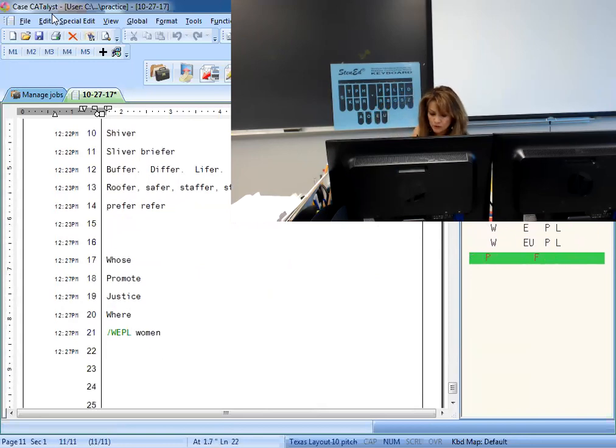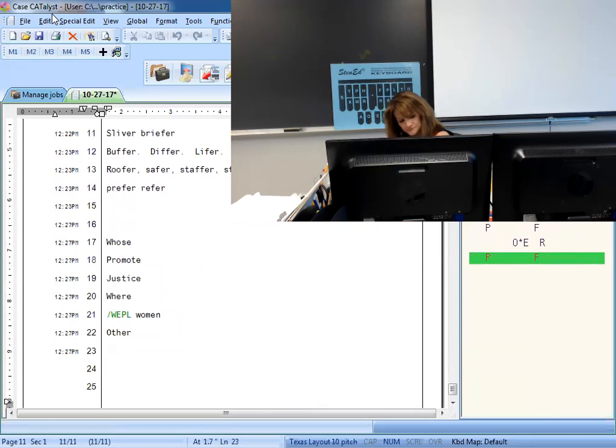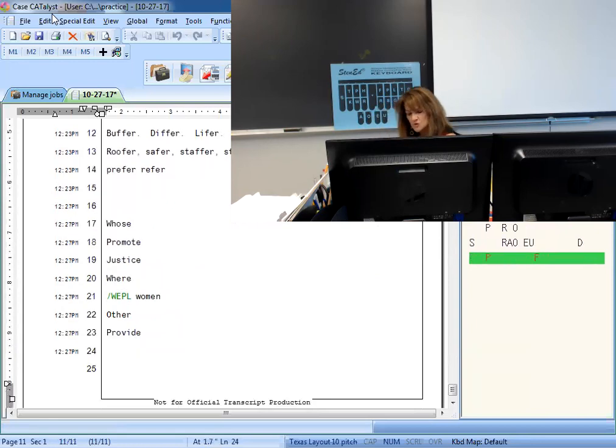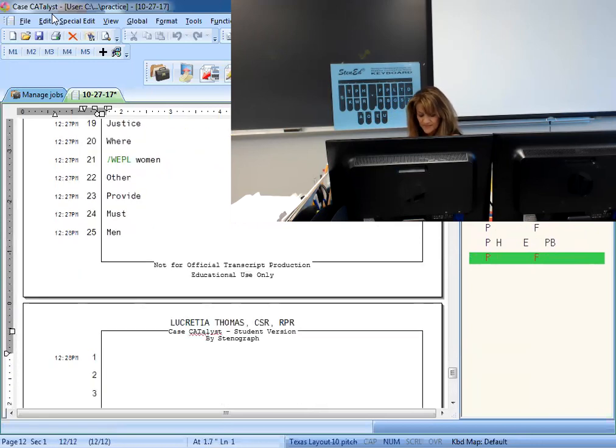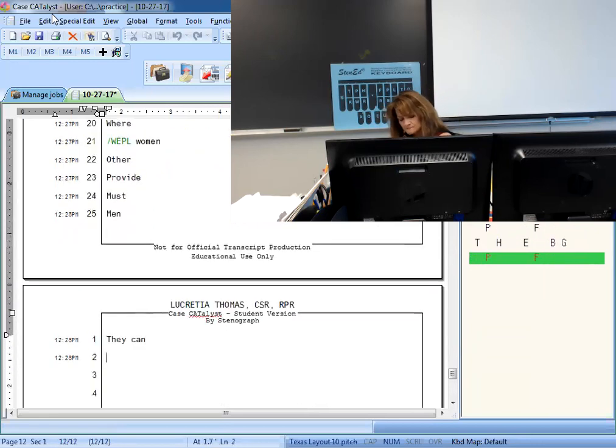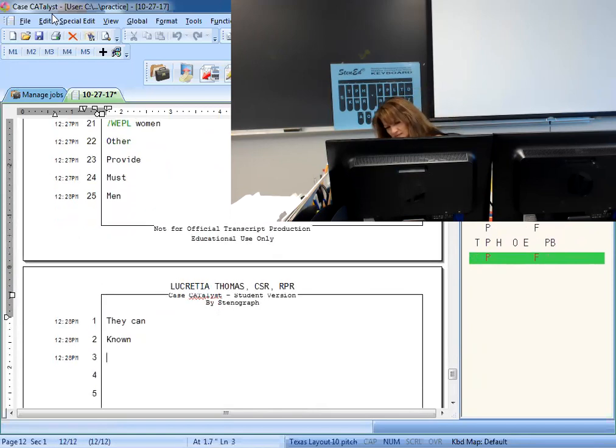W-I-M for women, plural. Other is O-E-R asterisk, other. Provide, 2 strokes. Notice it's short O, P-R-O. Must, M-U-S asterisk. Men, M-E-N. They can is T-H-E-K. Known, there's no other known, N long O-N.